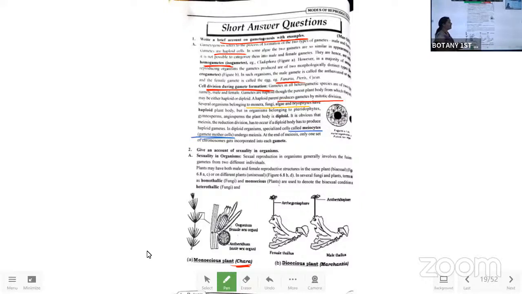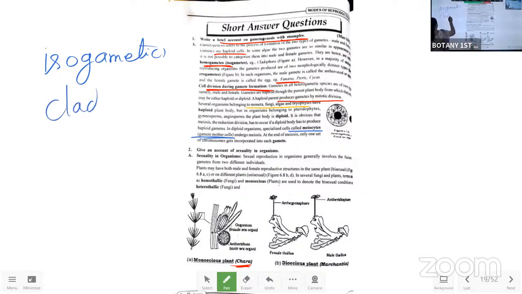That is called the isogametic condition. Example, Cladophora.